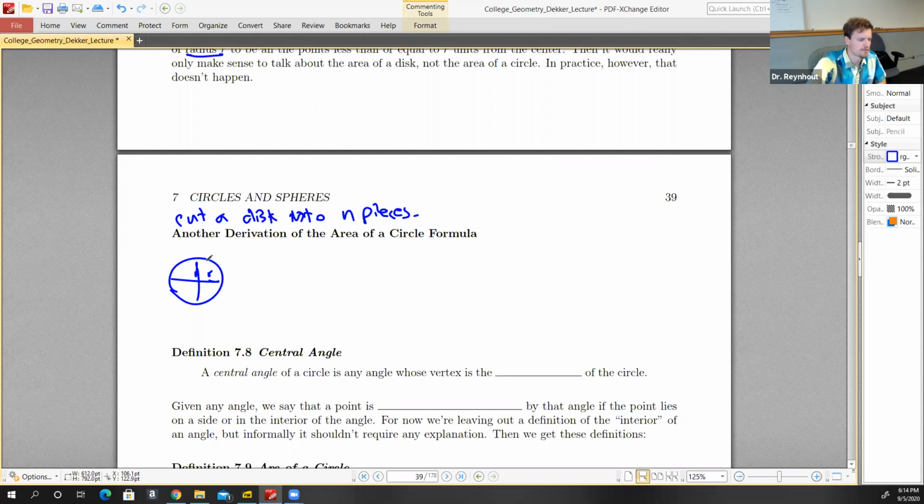Of course, this is the radius r. N equals 4 pieces. What we could do is take those 4 pieces and line them up. 1 piece, 2 pieces, 3 pieces, 4 pieces. Right, so now we have 1, 2, 3, 4 pieces of our disk.